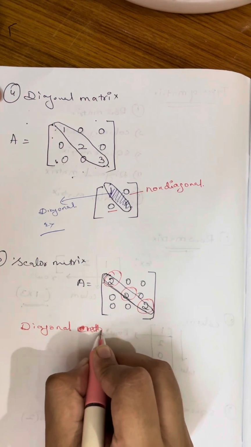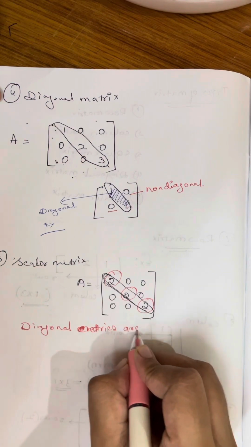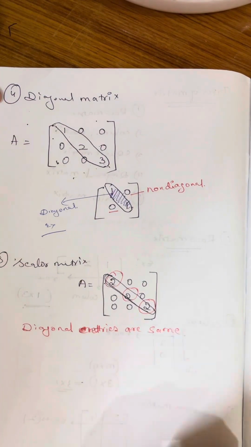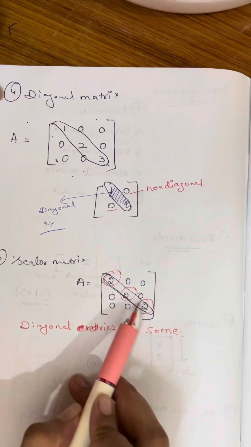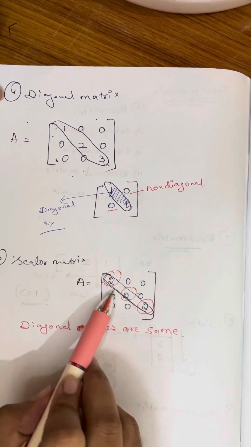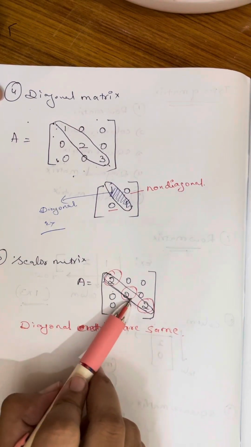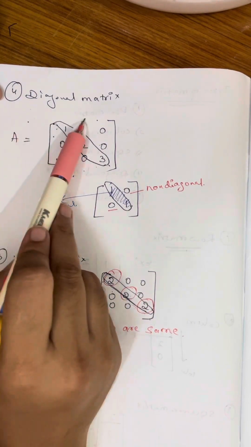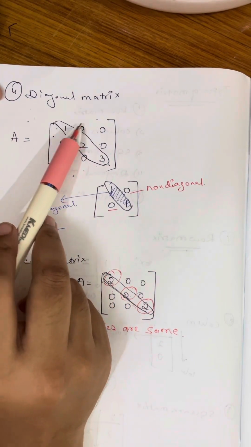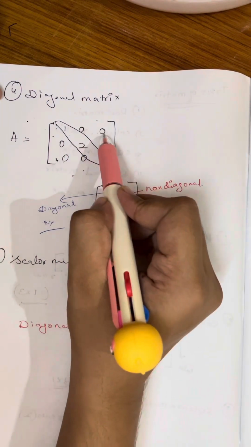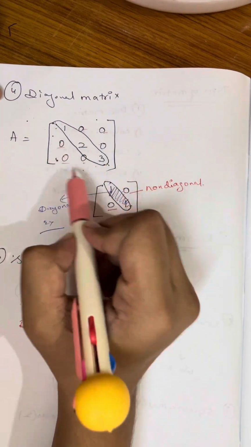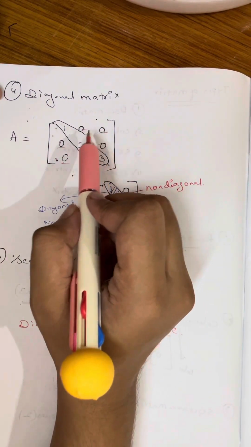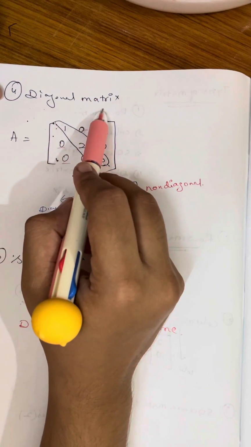It may be anything, 1 1 1, 2 2 2, 3 3 3, any number in the diagonal. If it is the same, then it is called a scalar matrix. What do you mean by a diagonal matrix? If the non-diagonal elements are 0, then it is called a diagonal matrix.